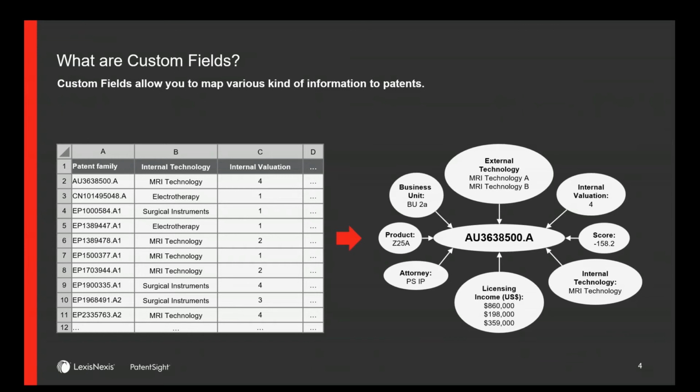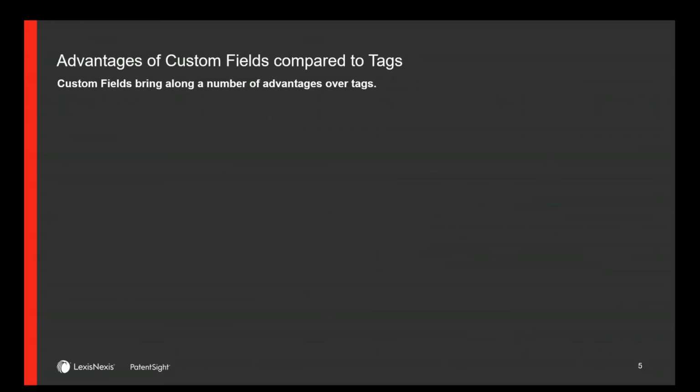Now, those of you who are already using PatentSight might already be familiar with tags. And you might ask yourself, okay, so what's the difference between these custom fields and tags? Let's get into a little bit of detail here, because custom fields offer quite a number of advantages over tags.